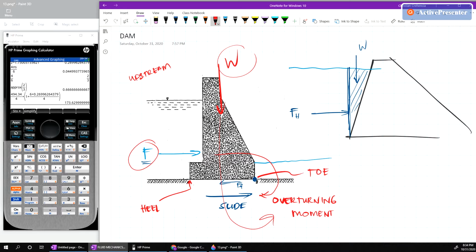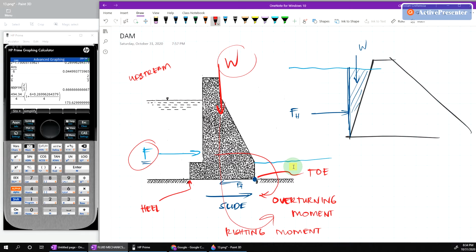So, ang tawag naman natin dito is righting moment, or para mas madali natin maintindihan, righting. So, itinatama niya yung position ng dam. Okay? So, of course, obviously, dapat mas malaki yung righting moment as compared doon sa ating overturning moment.